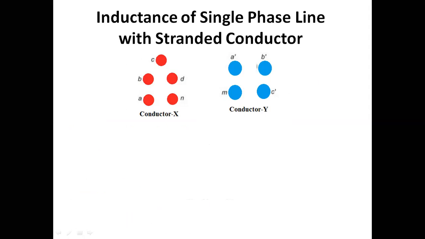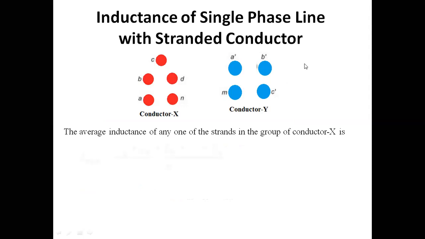So n number of inductances in conductor X are taken in parallel. When this LA, LB, LC all are taken in parallel, and these are not practically equal, first of all we take the average value, L average X. So average inductance through each strand must be LA plus LB plus LC dot dot dot Ln divided by N. So it has n number of strands, so this is the average value.